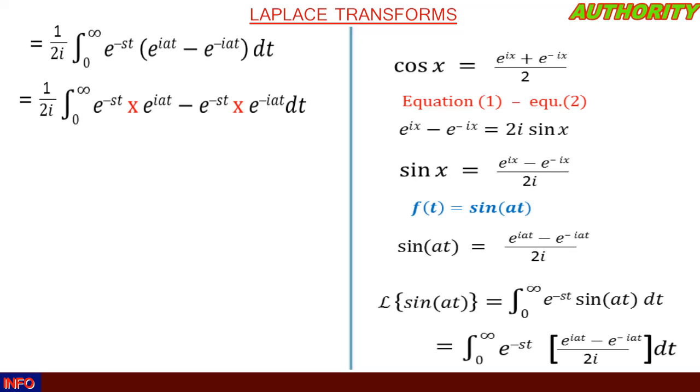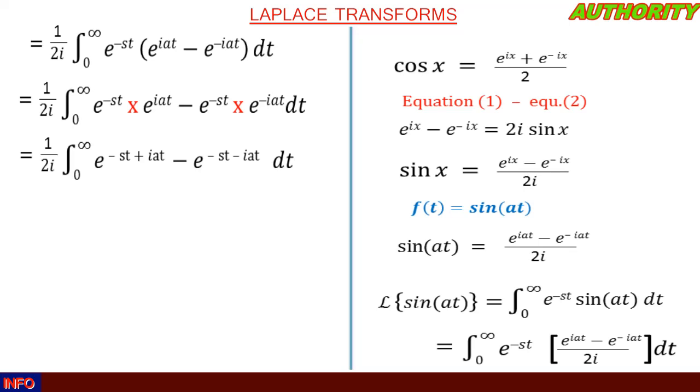Okay, good. Now, following the law of indices, since the base e is the same, we simply add their powers. So that means we are going to have e raised to the power of minus st plus iat, minus e raised to the power of minus st minus iat, dt.